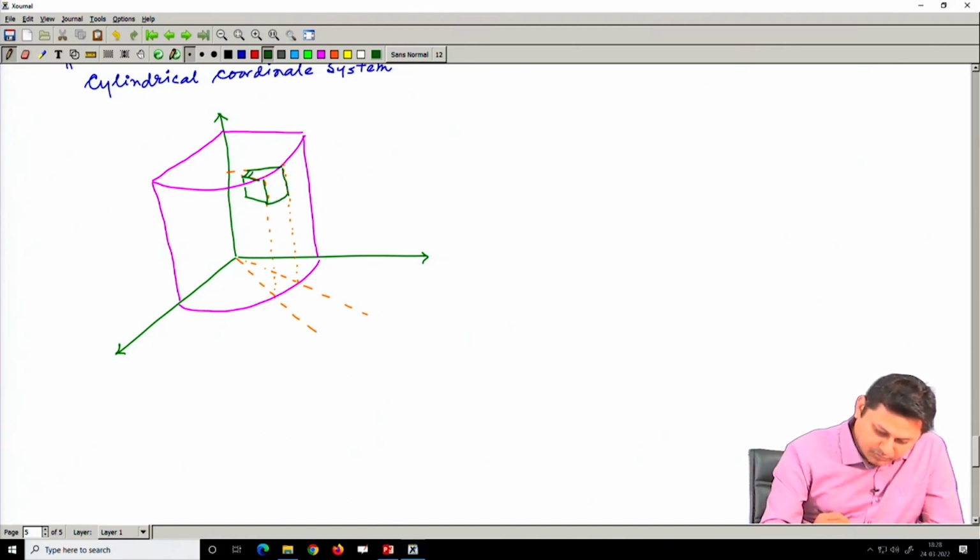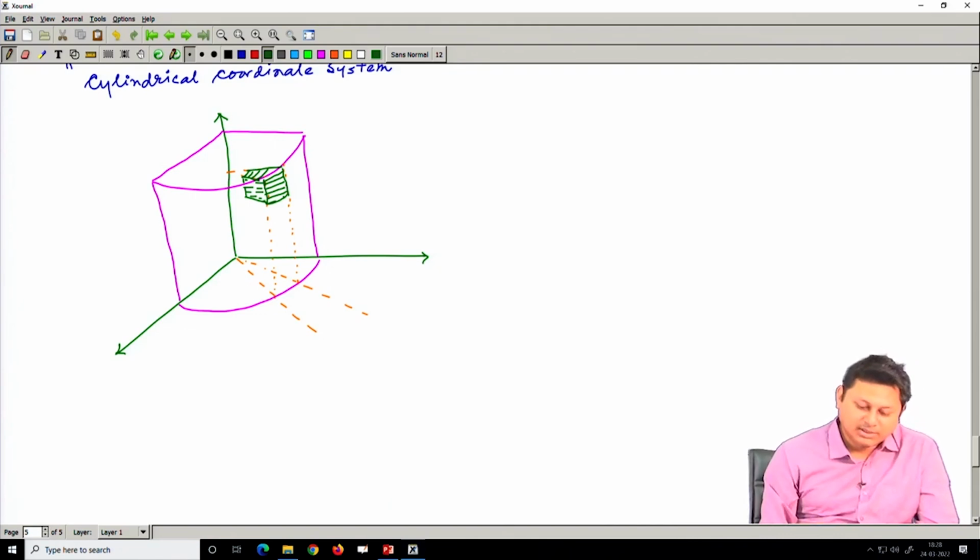So this shaded one is the volume element I am just drawing first, which I can cut from this cylindrical system. So this is a volume element that I just cut from here.